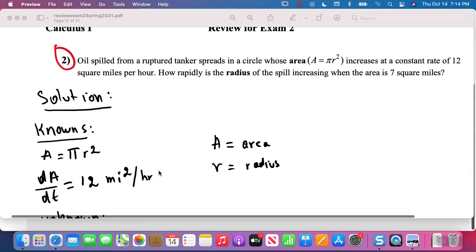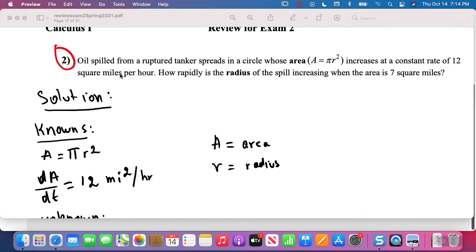Oil spills from a rupture of a tank or tanker, and the spill is a circle, whose area is A equals pi r squared. The area is increasing at a constant rate of 12 square miles every hour.